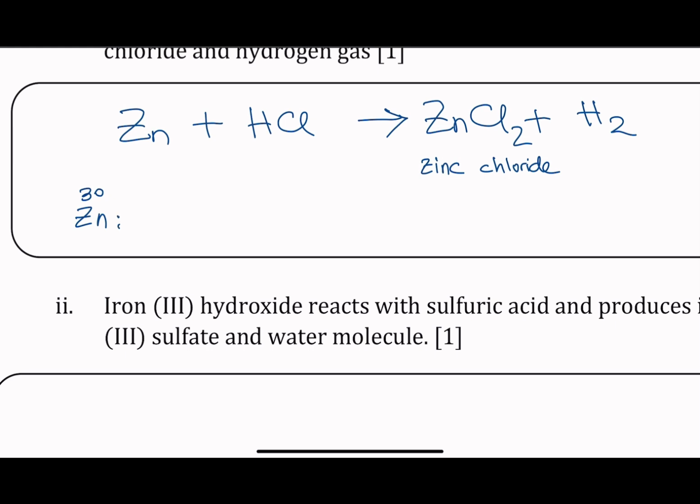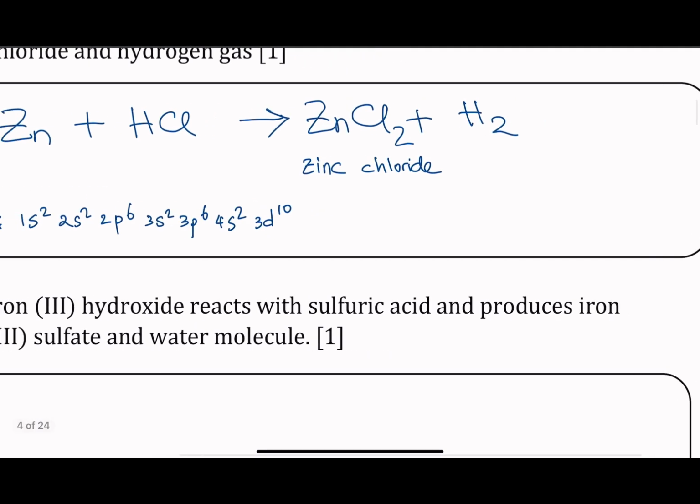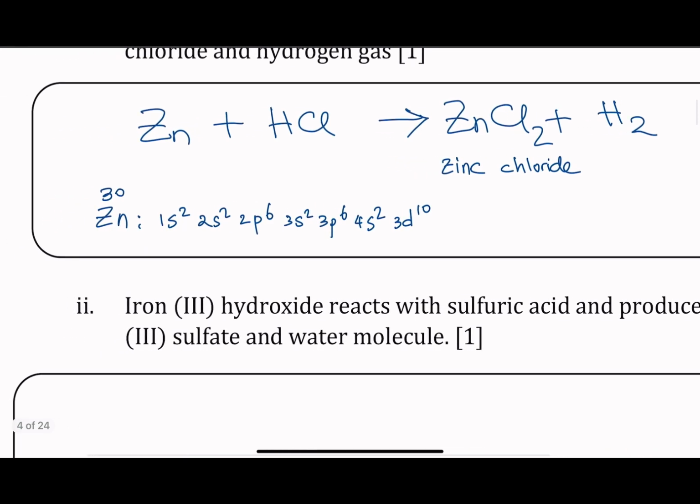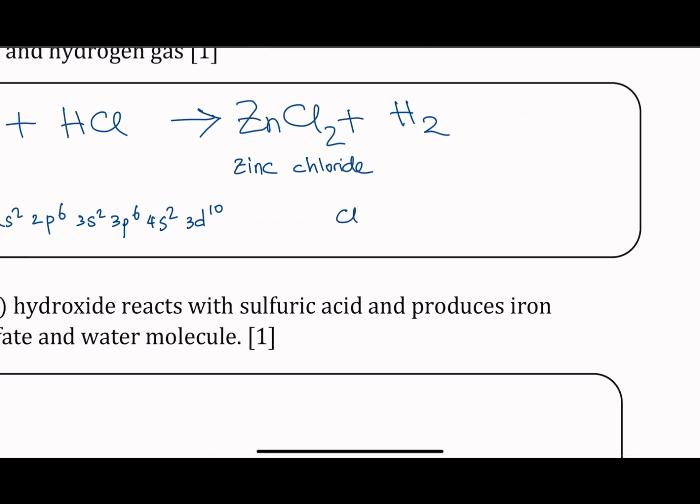And then you would write the electronic configuration: 1s2, 2s2, 2p6, 3s2, 3p6, 4s2 and 3d10. And then we know that chlorine has the electronic configuration as follows. Chlorine is 17, so this would be 1s2, 2s2, 2p6, 3s2, 3p5.